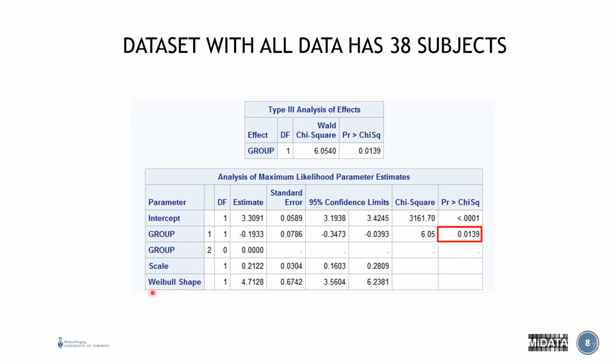For now, I'm going to skip over these two parameters, which are called the scale parameter and the Weibull shape parameter. And that's why in the previous slide, it said how many parameters we're estimating. Well, we're estimating 3, because you have your group, you have your scale, and you have your Weibull shape. And these two parameters are required in order to do parametric modeling of survival data.